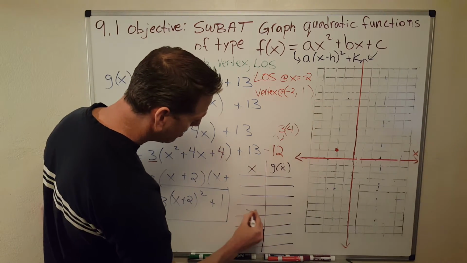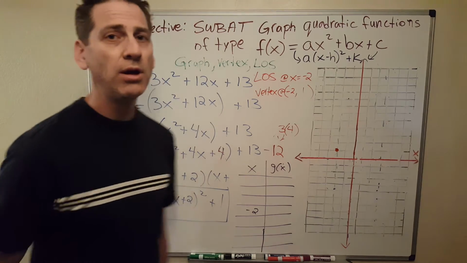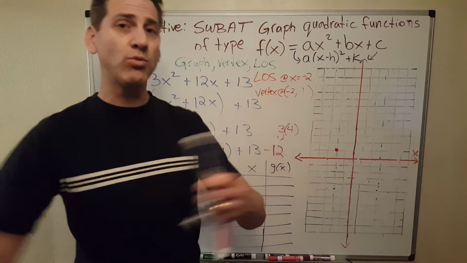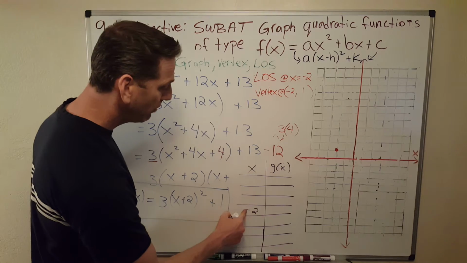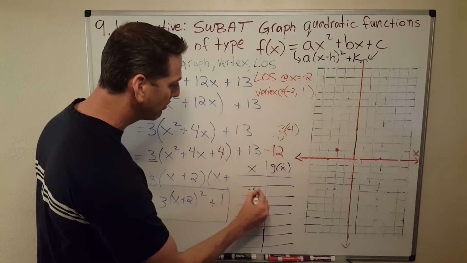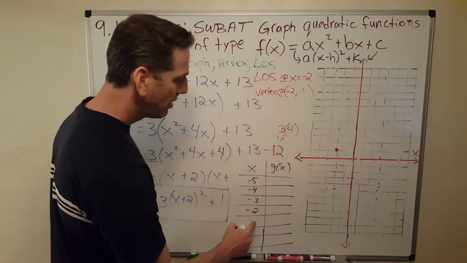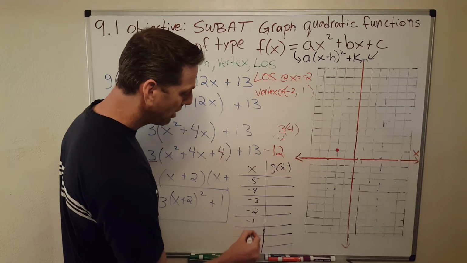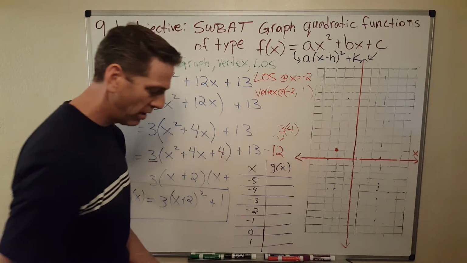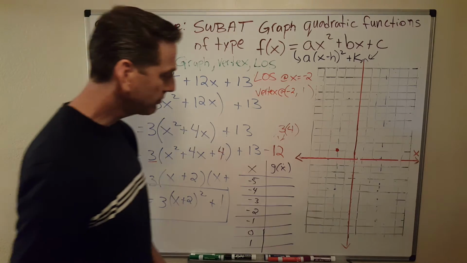So right here, I'm going to put a -2. Now I'm going to choose 3 values less and 3 values greater. So 3 values less, -3, -4, -5. 3 values greater, -1, 0, and 1. All right.